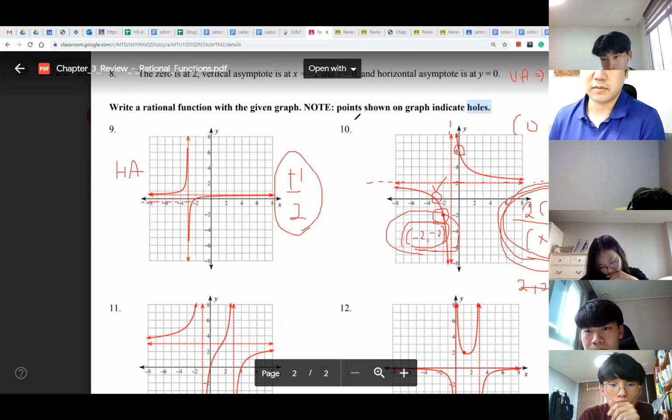That's weird. Does anybody have any idea about this one? Why doesn't this work? Or what can we do to the equation here?